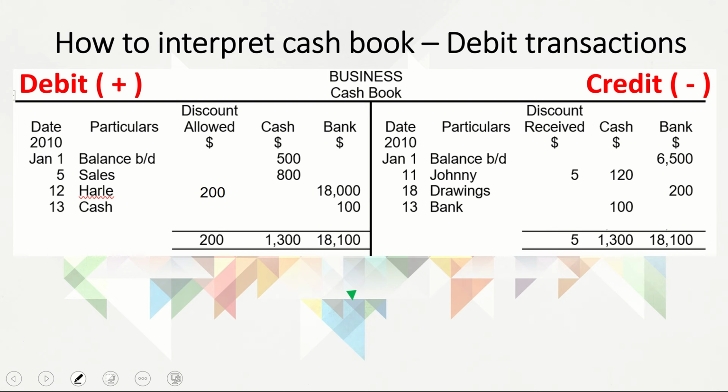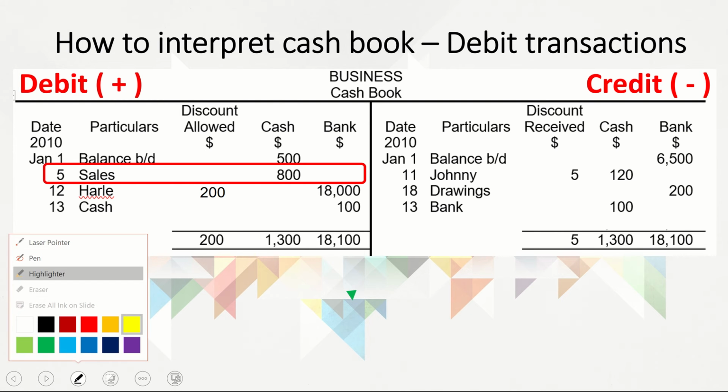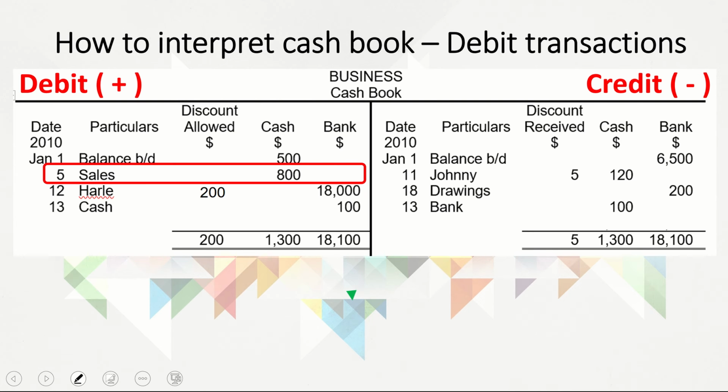Now, let's talk about all the debit transactions, okay? The first debit transaction we see is this sales on 5th of January, and then you see $800 under the cash column. Now, because this $800 is in the plus side, all right? It's in the plus side of the cash book, plus side of the cash in hand account.